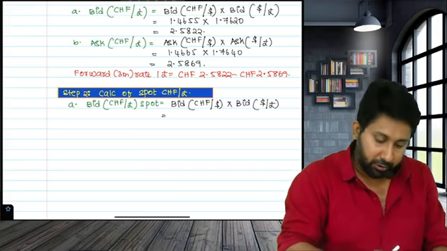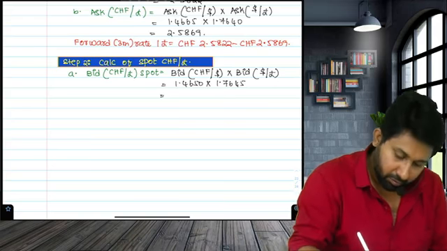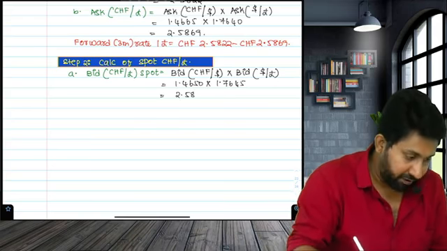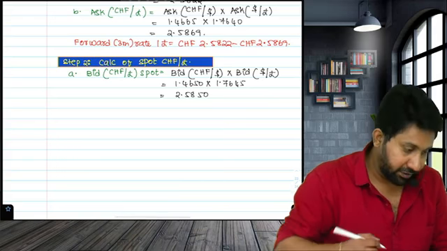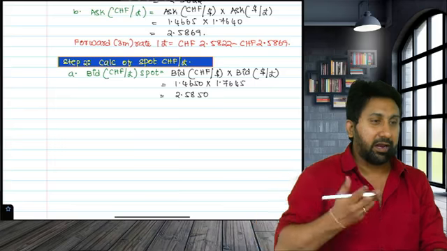Bid of CHF by dollar is 1.4650. 1.4650 into bid of dollar by pound 1.7645 is 2.5850, actually 2.58499, take it as 2.5850.